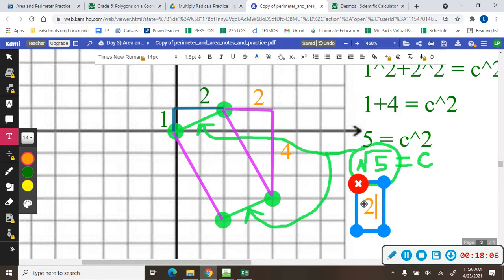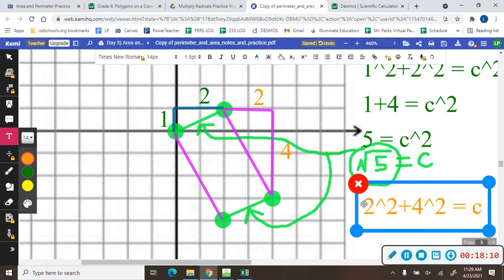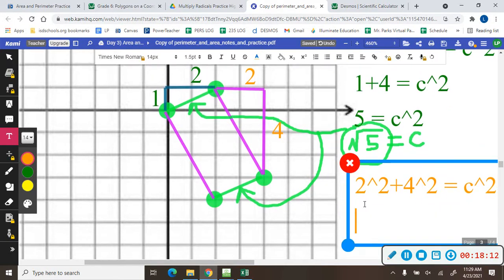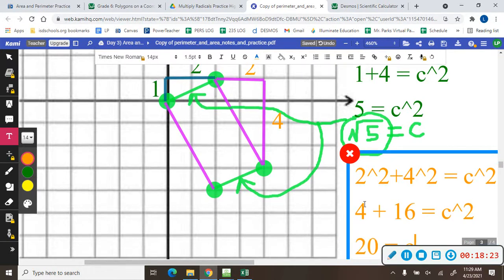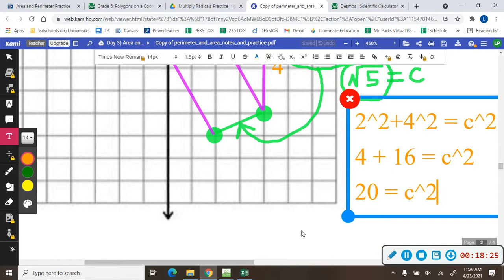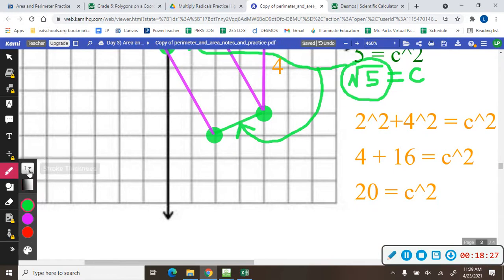So then I do the Pythagorean theorem, 2 squared plus 4 squared equals c squared. You get 4 plus 16 equals c squared. 20 equals c squared. And I honestly would just leave the answer as the square root of 20.